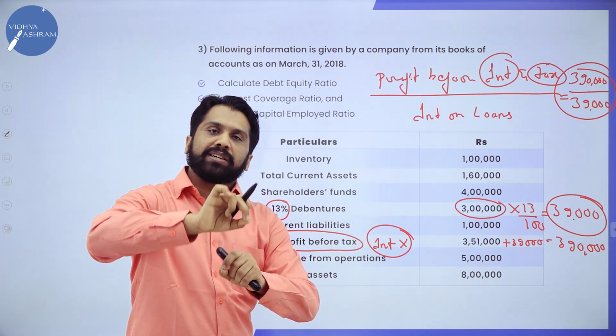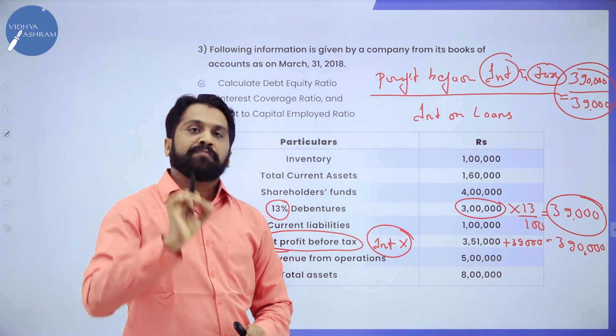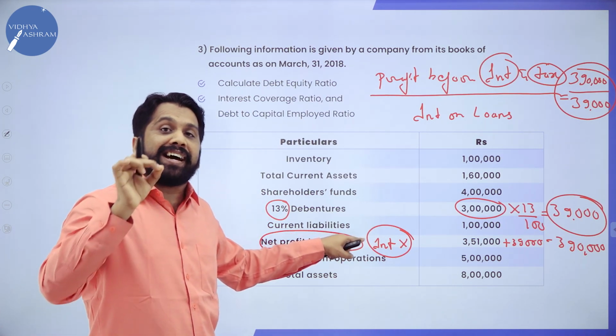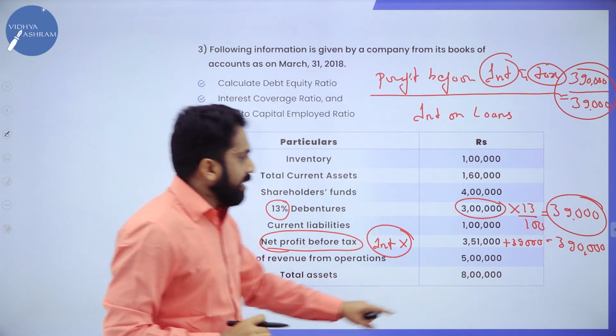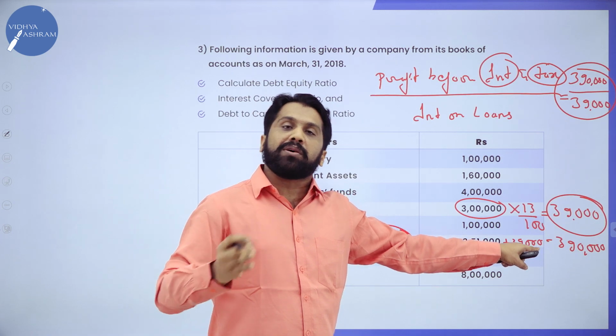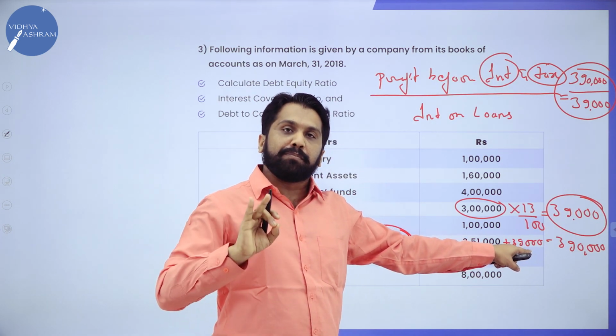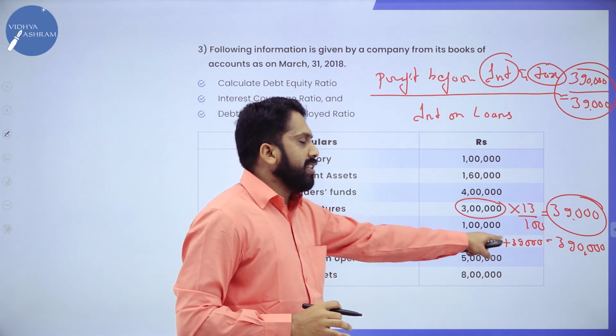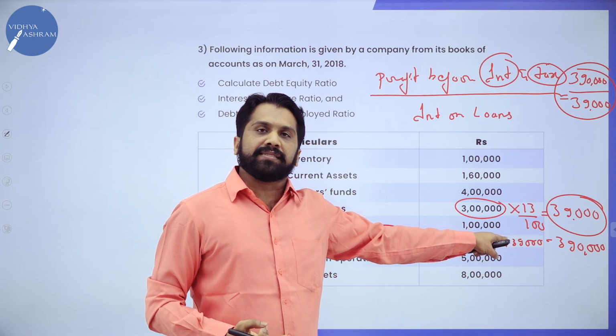In case in the question paper they have given net profit before tax and interest, then this addition of 39,000 is not required because it is already included. But in this the interest is missing, so we take it into consideration.